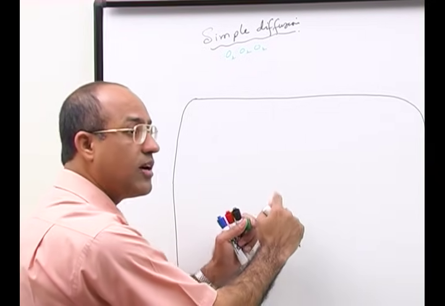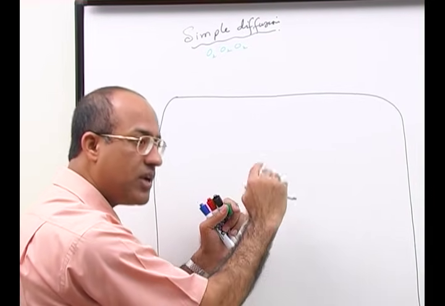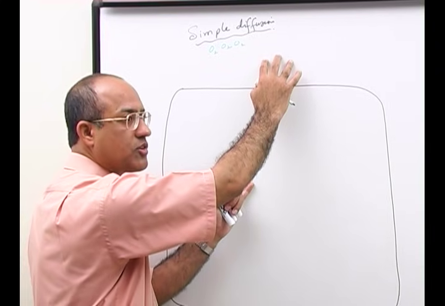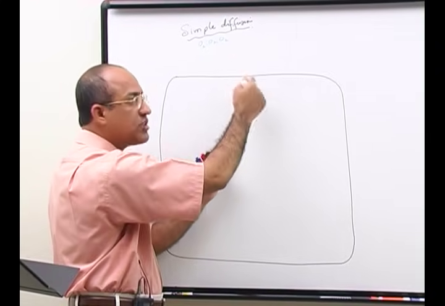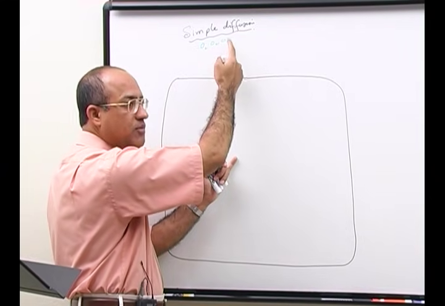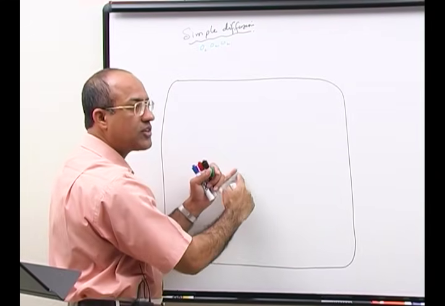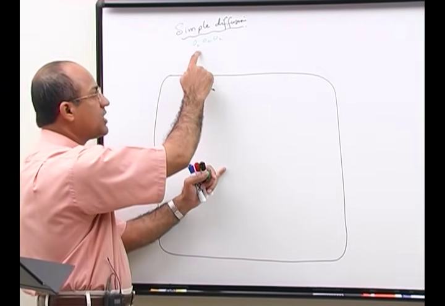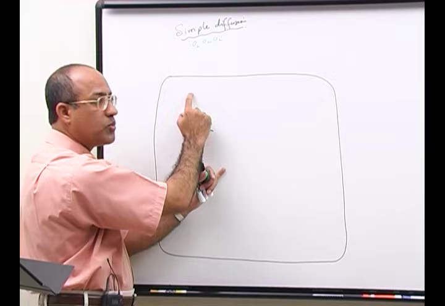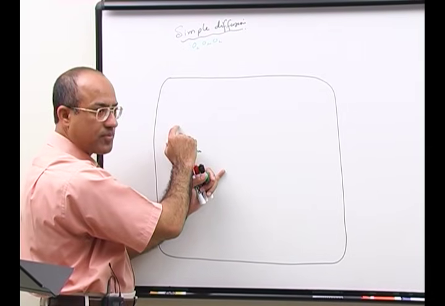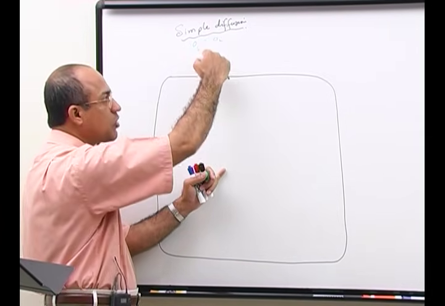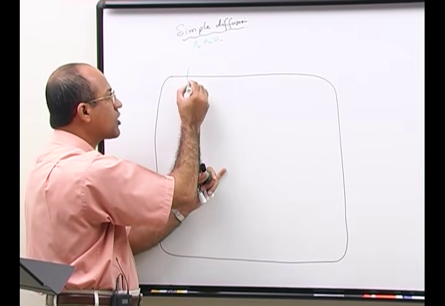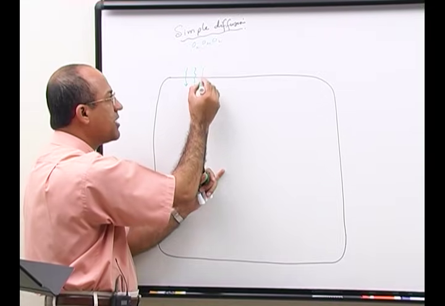So oxygen concentration within the cell will be low, but in the extracellular environment, oxygen concentration is high. So oxygen needs to be transported from the extracellular environment to the intracellular environment. But because oxygen is soluble within the lipid bilayer, because oxygen can dissolve into the cell membrane, it can easily transfer across the membrane, right?